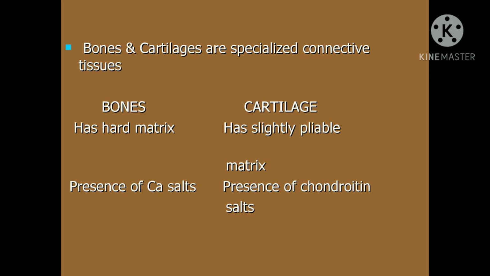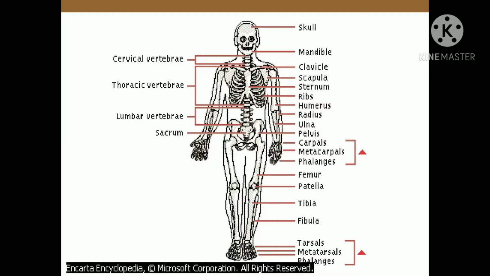So this is a picture of the human skeleton. We can see all the parts in a skeleton. In our textbooks, figure 8.16 also gives clear information about the vertebrae and the ribs.